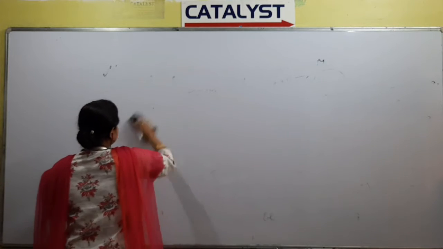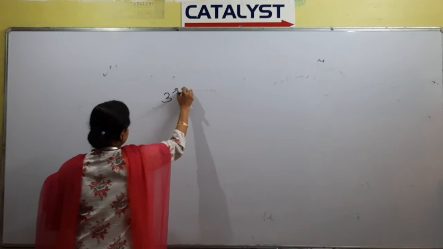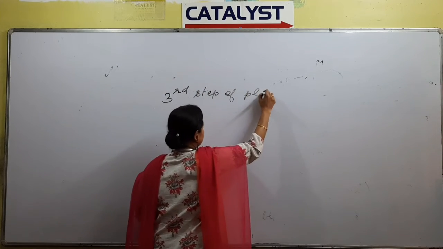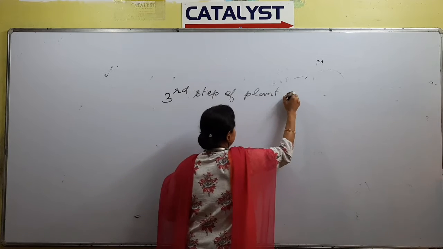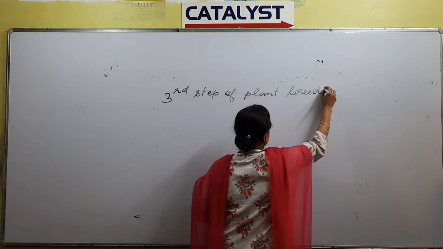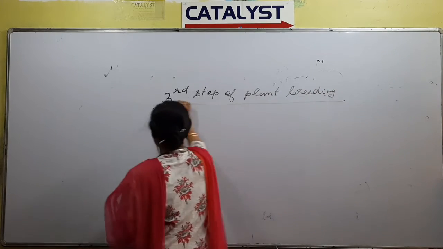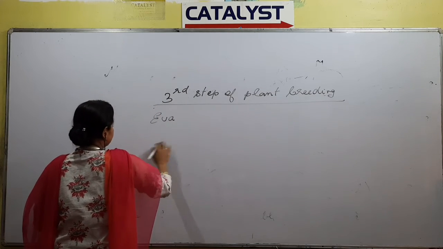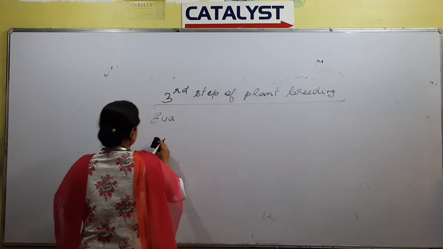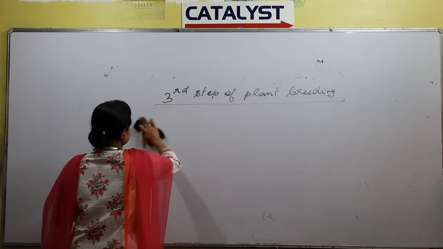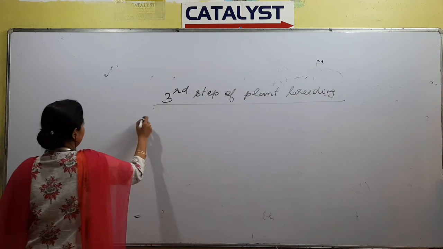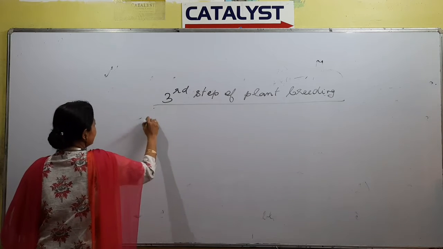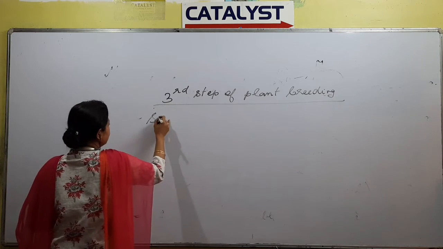Evaluation and selection of parents was the second one, no? What was the third? It was selection and testing for superior recombinants.